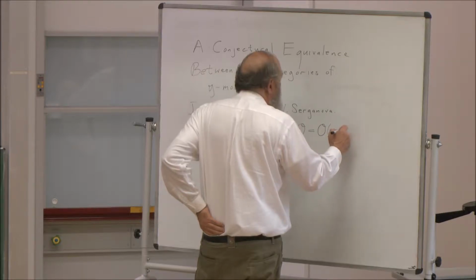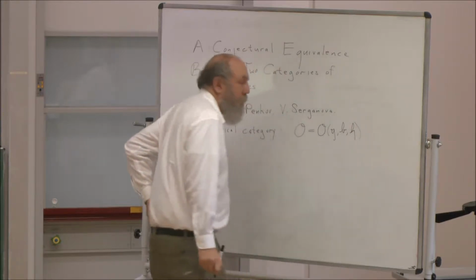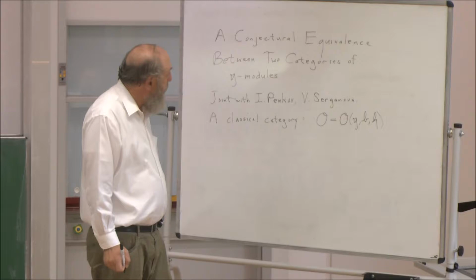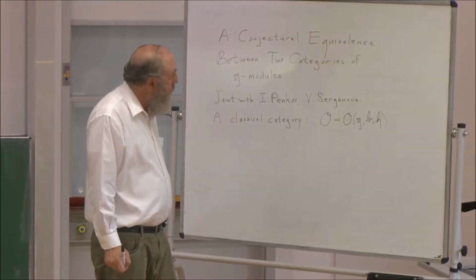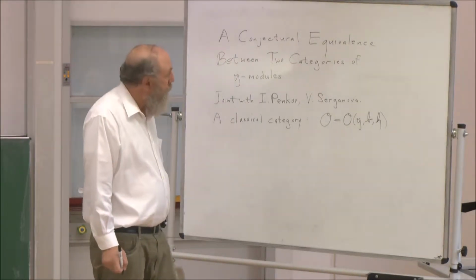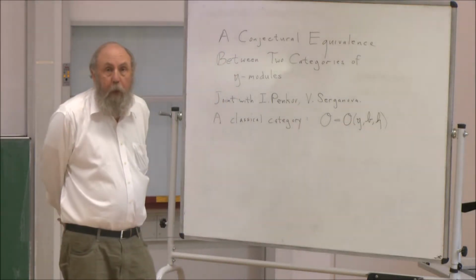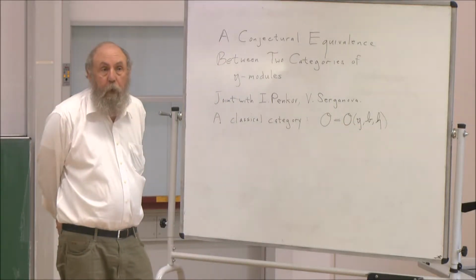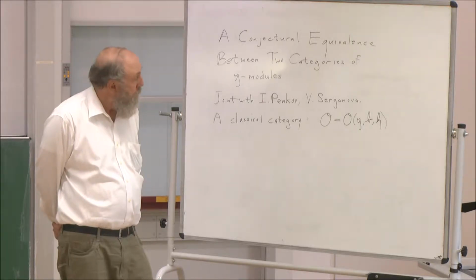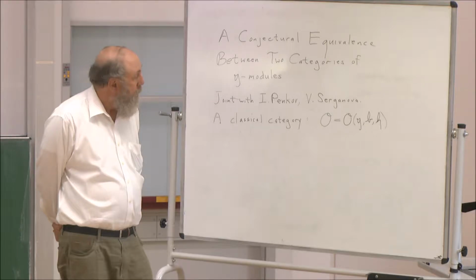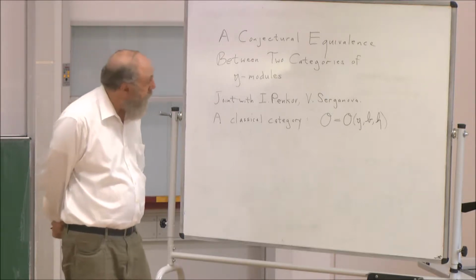which actually depends upon some choices. So you start with a semi-simple Lie algebra, a Borel subalgebra, and a Cartan subalgebra of the Borel subalgebra. And then you attach a class of objects to this data.